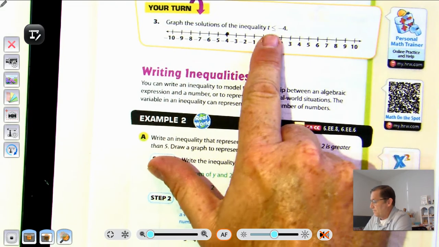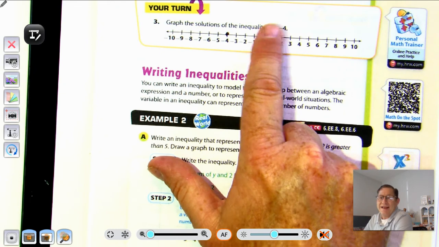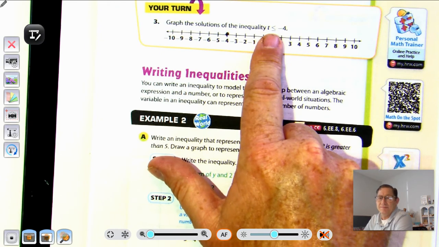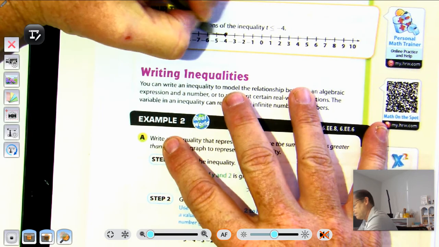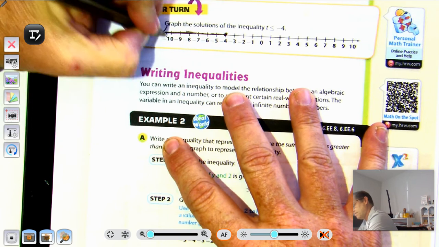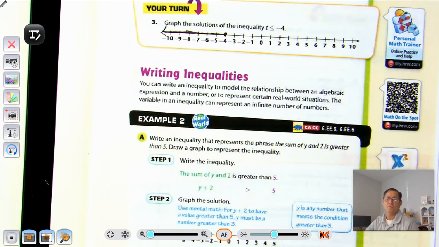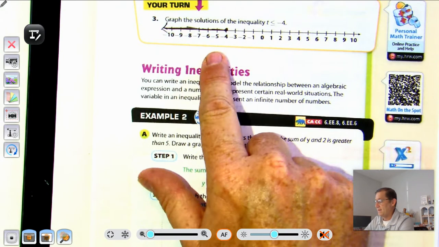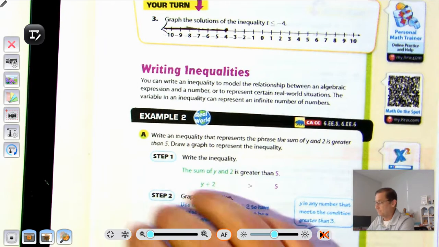And now the symbol is pointing at the t, so we want less than, anything to the left of -4. Okay. So everything to the left of -4 would work. -5 is less than -4. -6 is less than -4, and so on.